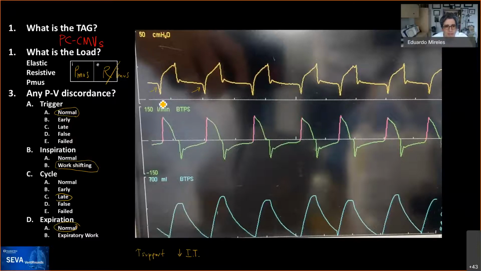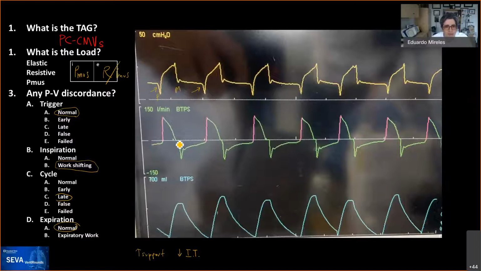That is a good amount of effort from the patient at the beginning of the breath. So he pulls in intensely. The ventilator pressurizes the system as fast as it can, but the patient is pulling harder than it can. And then the breath is cycled by the machine. So it's patient trigger, machine cycle.